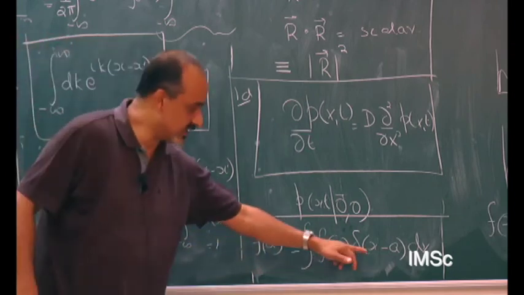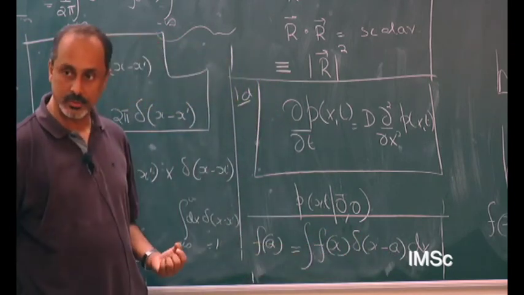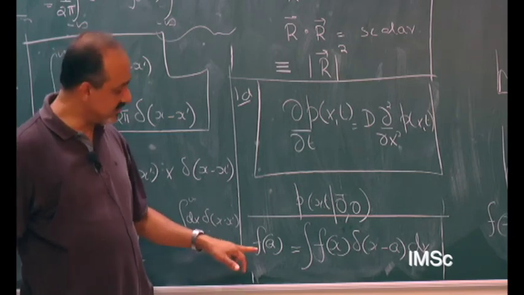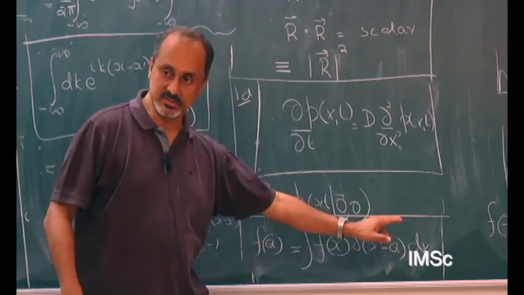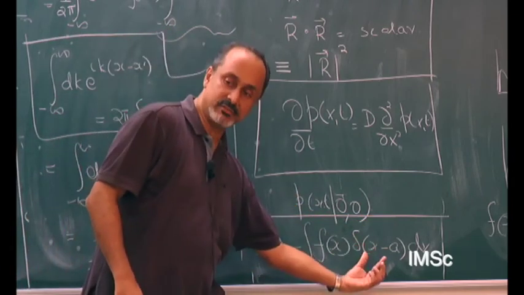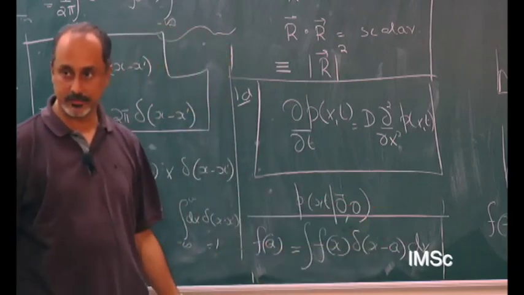That's exactly what the delta function does for you. It grabs this point and pulls it out for you. So if you're interested in the value of a function at a particular point f of a, one way of writing it is to multiply by a delta function which picks out that particular point a and do it via this integral.